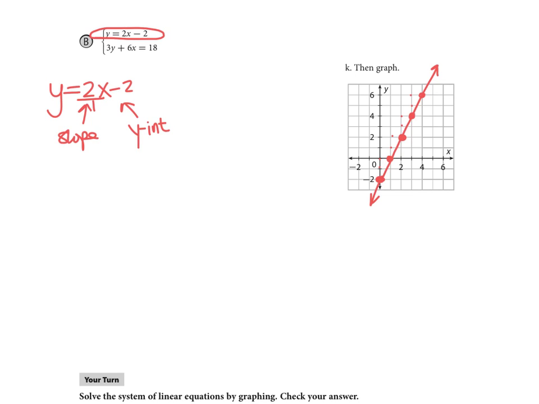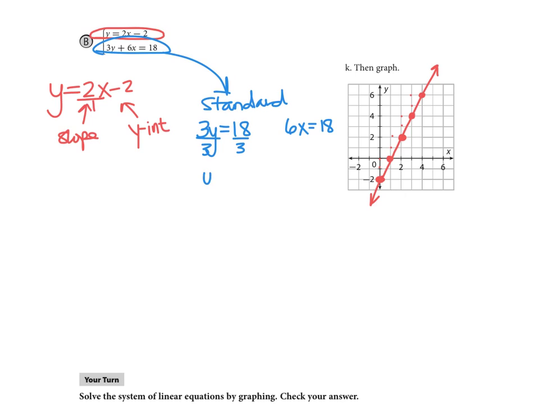My other equation, I could solve that for y, but for me, this is in standard form, and it's something that divides easily, so I can make my two equations, 3y equals 18 and 6x equals 18. When I solve those, I'm going to get my intercepts. All right, so I got x equals 3 and y equals 6. So now I can just plot those two separate points.